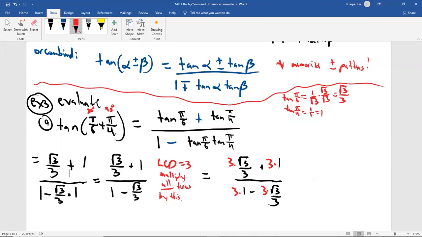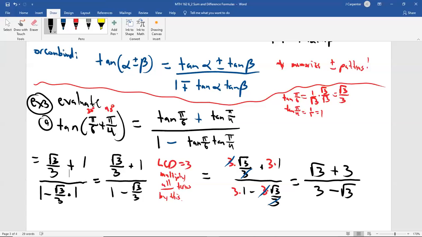The reason I did this is so that the 3's in the individual fractions go away. So this is no longer fractions inside of fractions. This is just the square root of 3 from this part, then plus, the 3 times 1 is 3, over, this 3 times 1 is also 3, minus, these 3's canceled, leaving us just with the square root of 3.